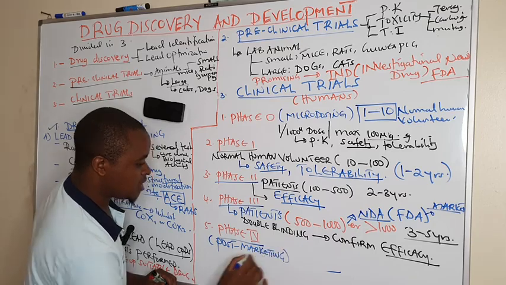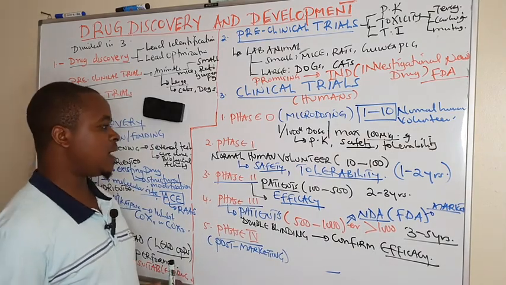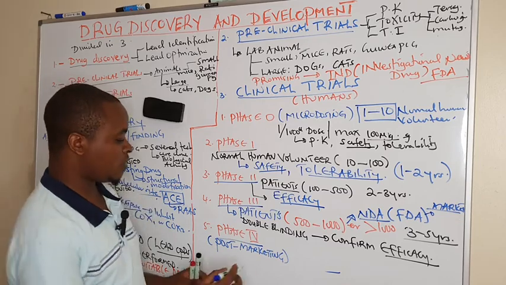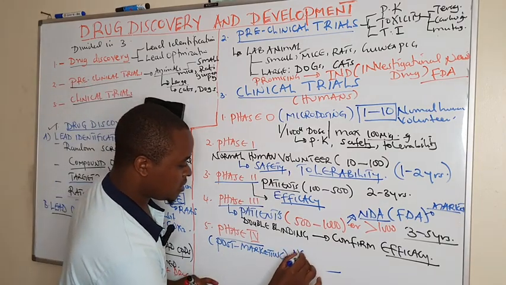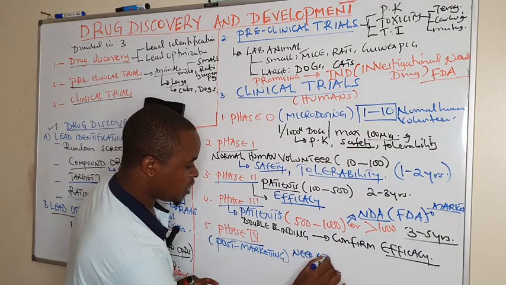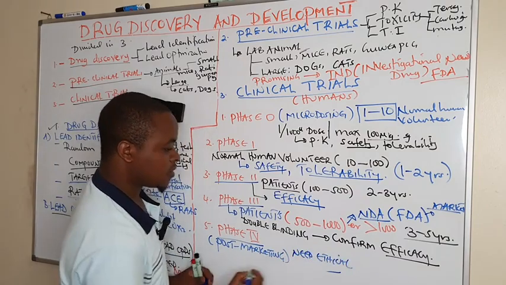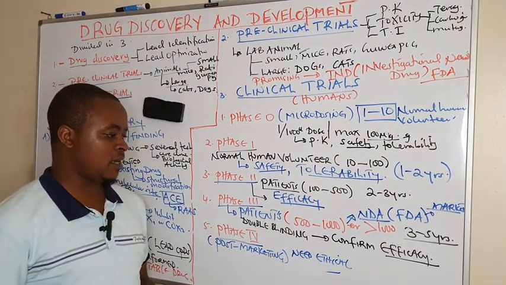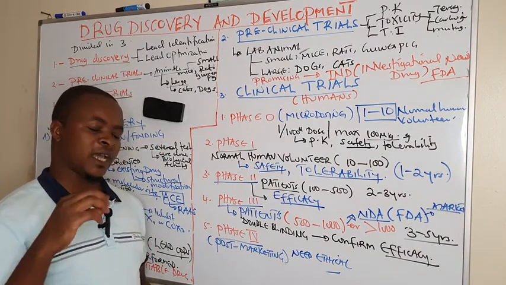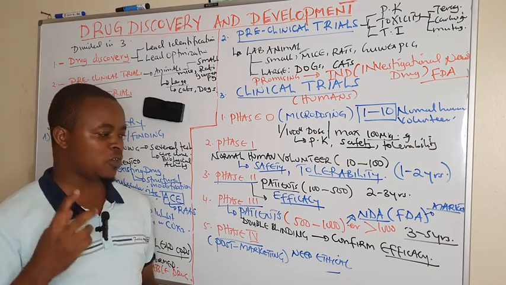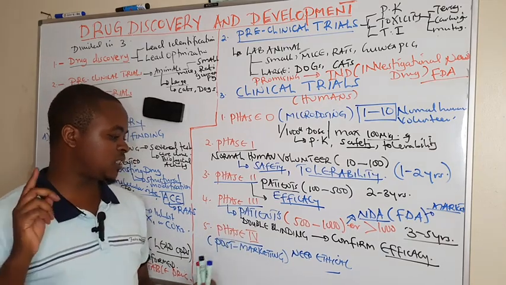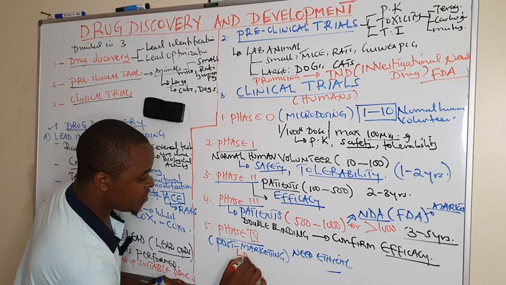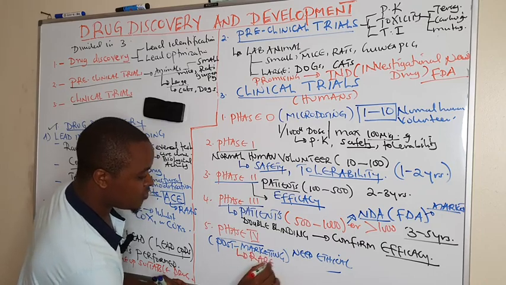And this one does not need any ethical consideration by the good clinical practice and ICH. So if they ask you which phase does not need ethical consideration, that is phase 4, post-marketing.